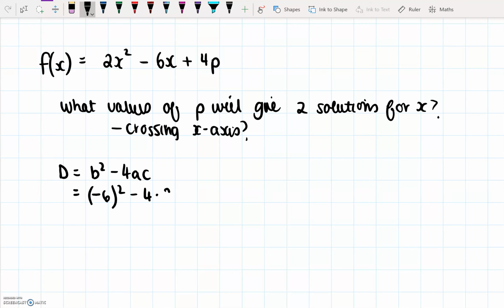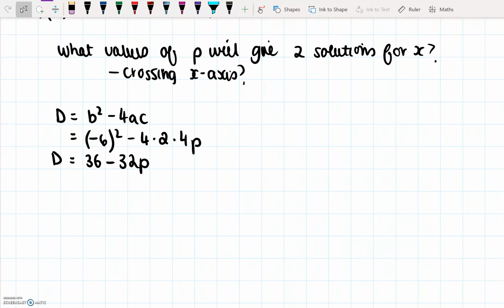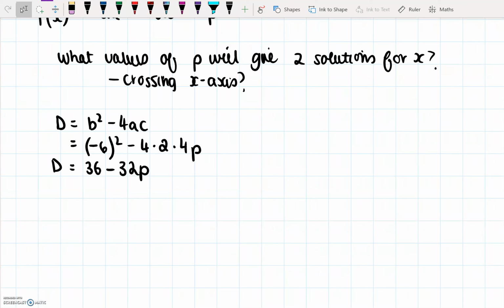Minus 6 squared is 36, minus 4 times 4 is 16, times 2 is 32, so 32p. So this is our D. Now we know here that we wanted two solutions for x, so D is going to be greater than 0. So 36 minus 32p is greater than 0. We just need to solve this.